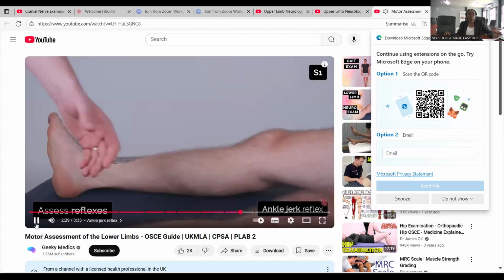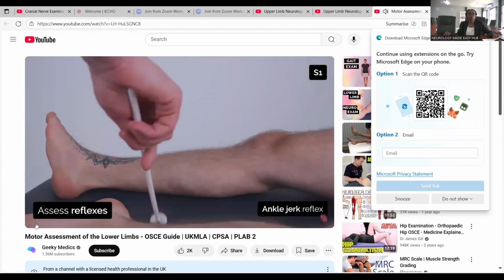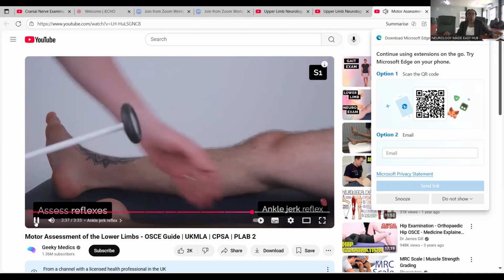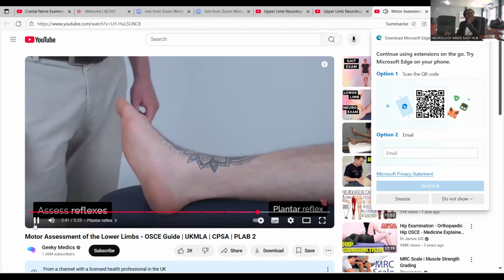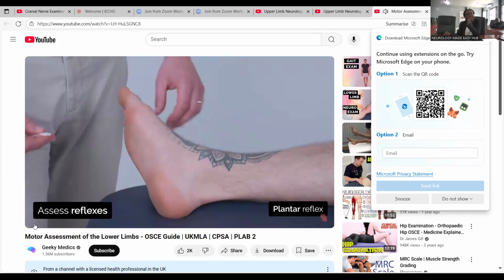Same on the other side, so we'll bend your leg. Just let it flop to the side. I'm now going to test a reflex in your foot. I'm just going to use this dull end of this tip. It may feel a little bit ticklish, okay?